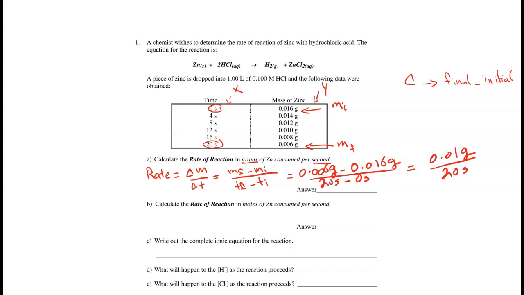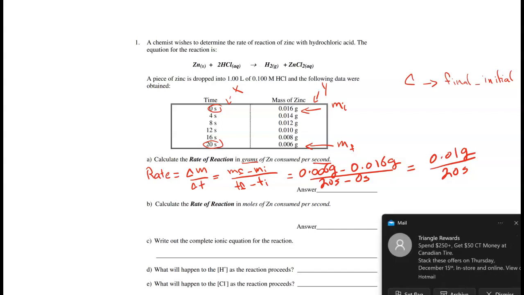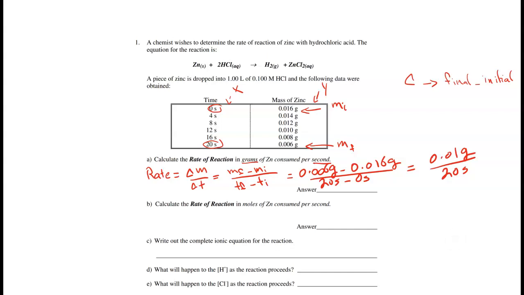So use your calculator, divide 0.01 by 20, you get 0.0005 grams per second. So that's your first one.